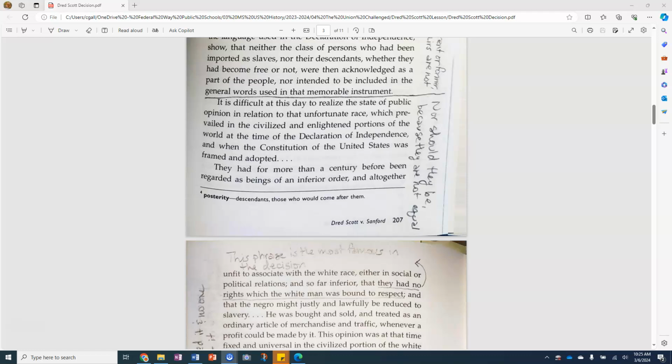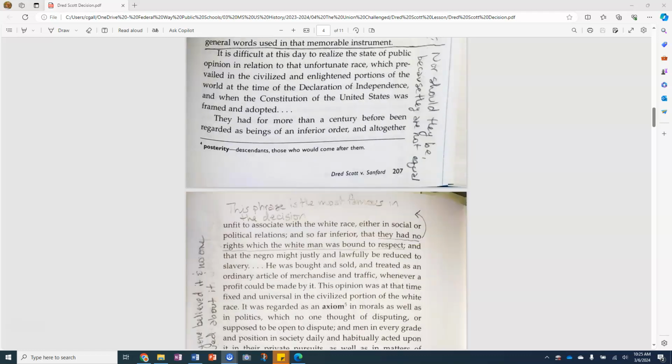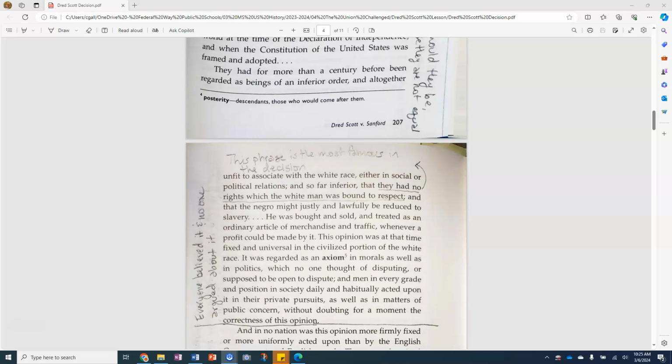They're not seen as equals, and altogether unfit to associate with the white race. So now he's talking about segregation and separation, either in social or political relations. Social relations, interpersonal, like you and I. They're inferior and unfit, Taney says, to be friends with white people, to be in marriages with white people.